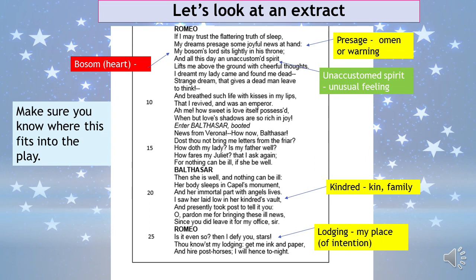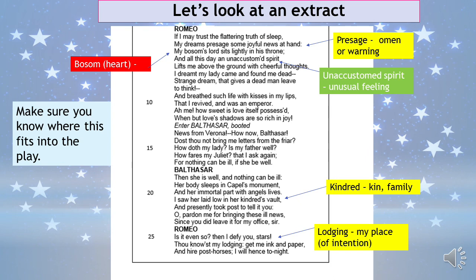So the idea of presage is an omen or a warning about something. You've got bosom here, which refers to the heart. So the bosom was referred to the heart in Elizabethan times. Unaccustomed spirit, so it kind of feels the spirit within yourself. It's an unusual feeling, so unaccustomed.